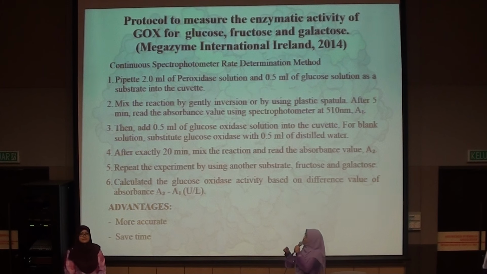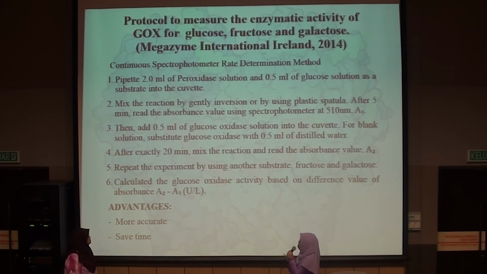Then we mix the reaction by inversion after covering the cuvette with a cap, and after 5 minutes we read the absorbance value using the spectrophotometer at 510 nanometer wavelength.